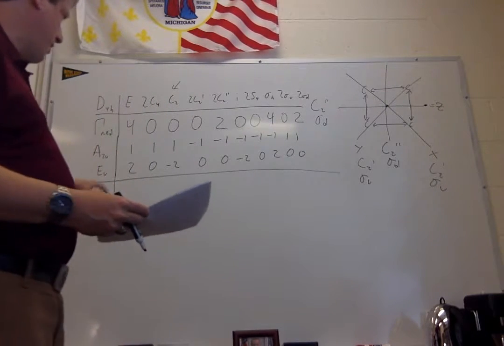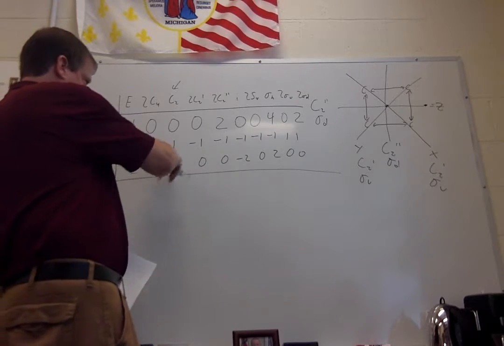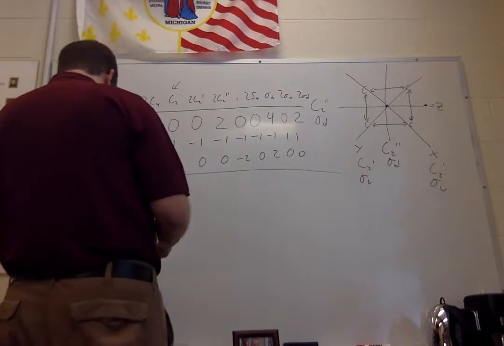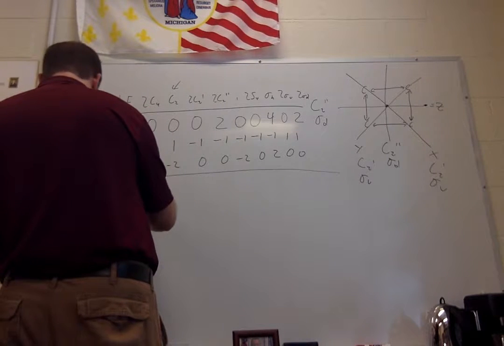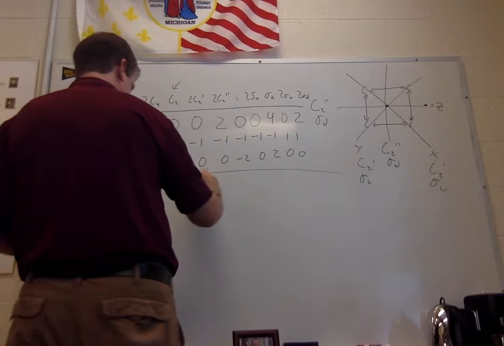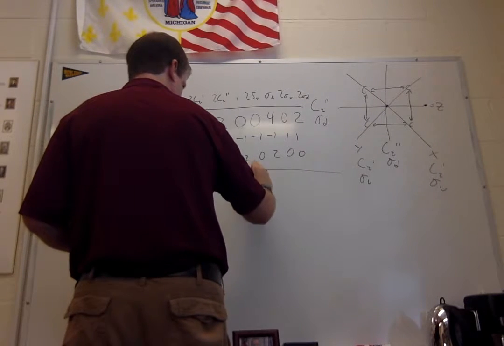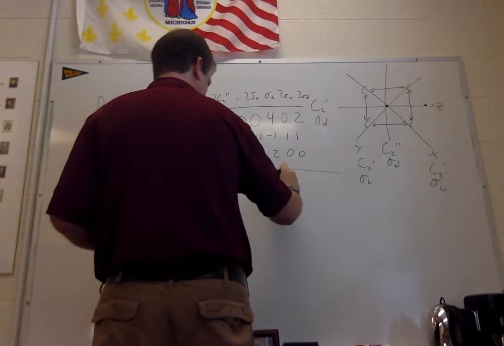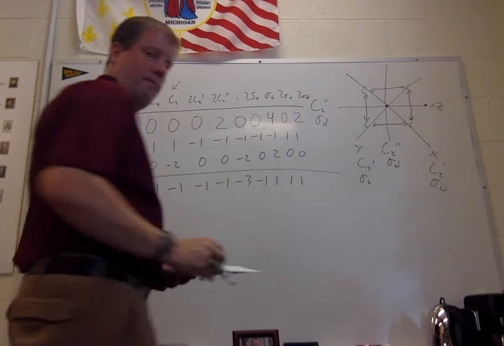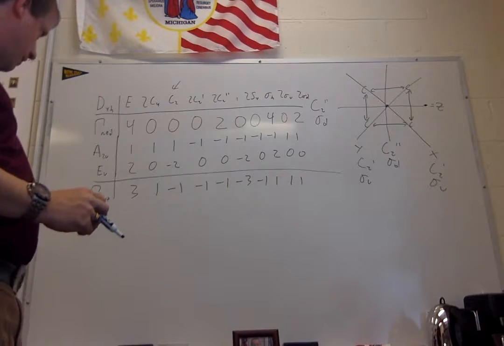And so gamma XYZ is the sum of all of these characters, which comes out to be 3, 1, negative 1, negative 1, negative 1, negative 3, negative 1, 1, 1, and 1. So hopefully you can see where I got that from.